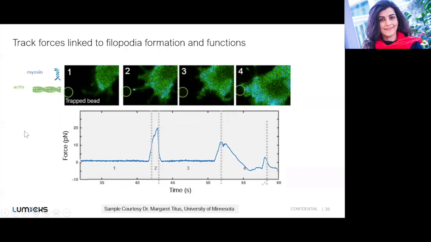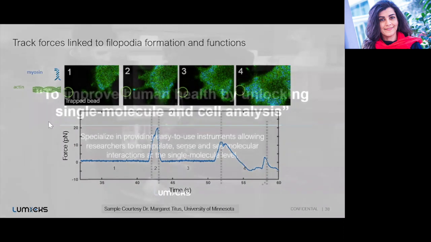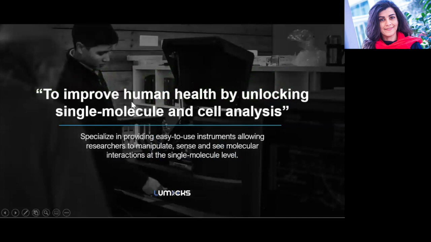So now I want to spend a couple of slides introducing LUMICKS, who we are. LUMICKS' goal is to improve human health by unlocking single molecule studies. We do that by providing an instrument that makes single molecule studies accessible to researchers from different backgrounds.